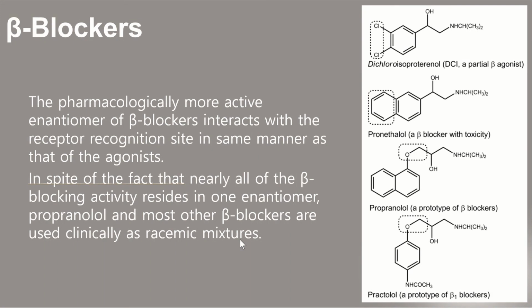So as we have seen before, even though one enantiomer is the one that we are interested in because that is the enantiomer that has the activity, when you take this drug, what you take is a racemic mixture, so it has both the enantiomers. So propranolol in particular is one of these that are produced as racemic mixtures.